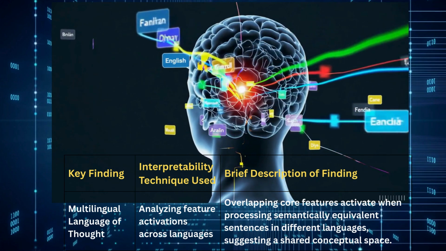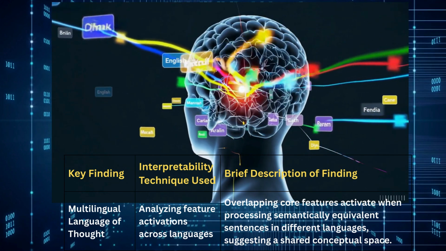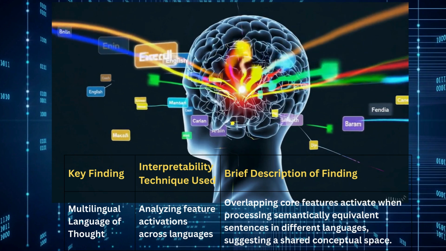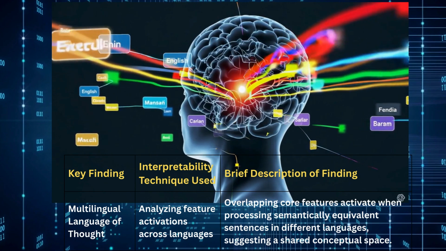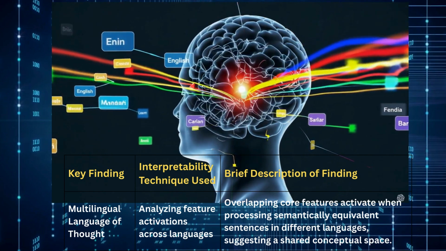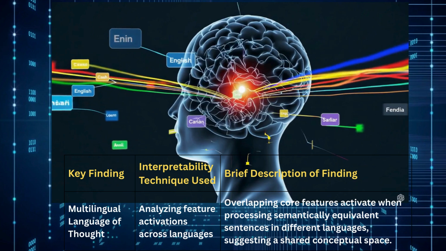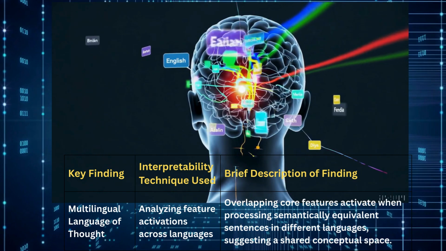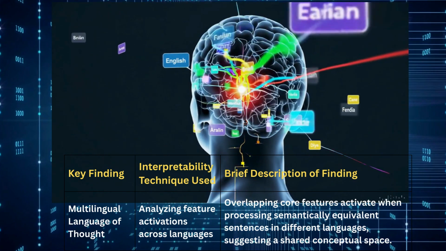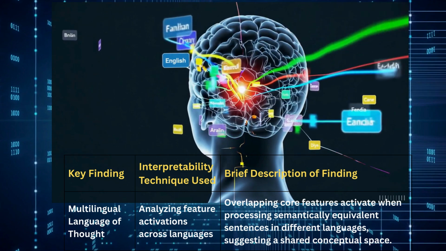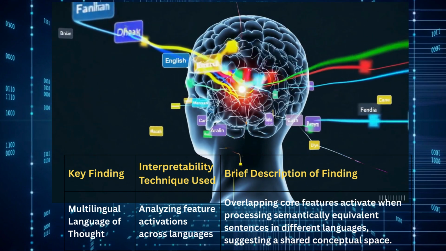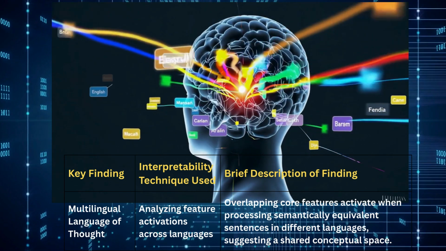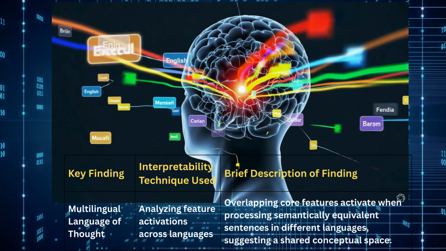So basically, it's like there's a language of thought. Some people are calling it a universal language of thought. Like there's this shared conceptual space that Claude is using to represent meaning. Regardless of if it's English or French or Chinese. Exactly. If you're saying the same thing, it's activating the same neurons or whatever. I don't know if they're neurons, but like the same parts of the brain, basically. It's like a common representation of that meaning across different languages.